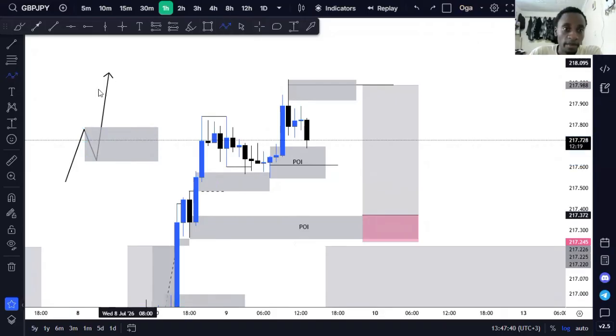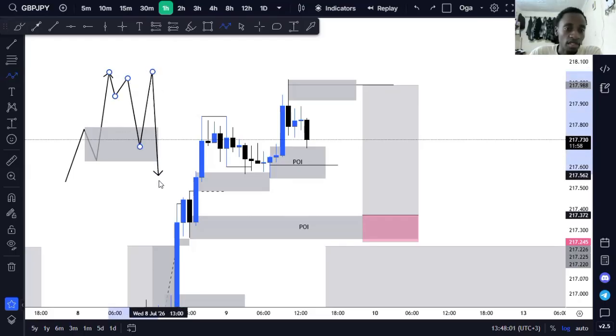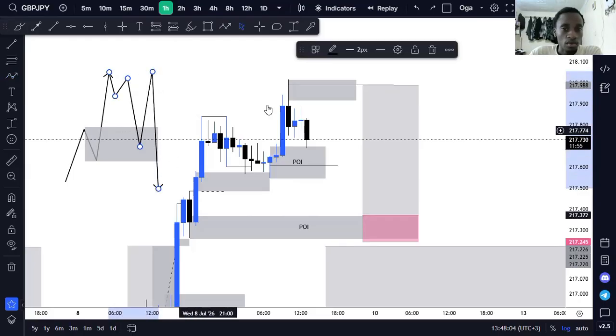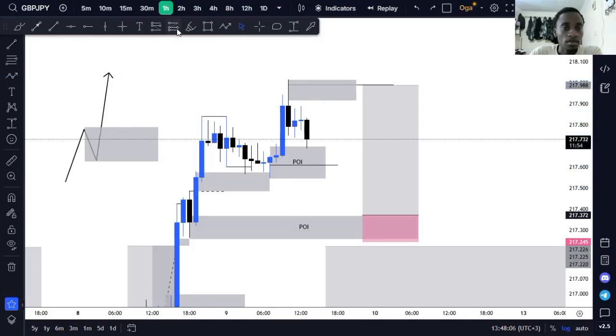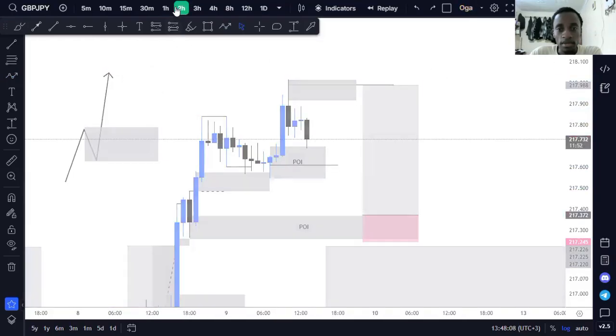So I said if price is going to react inside here, but before reacting, if it's going to give us an area first, then we might have some pullbacks either to the area or above it, and then we take the area out. So I'm seeing this on 1 hour. Let me check on 2 hours.